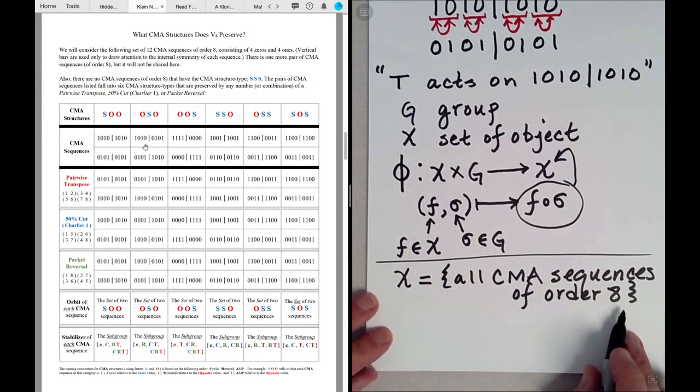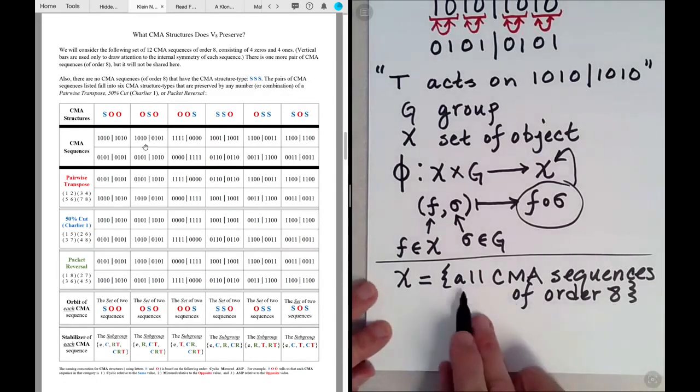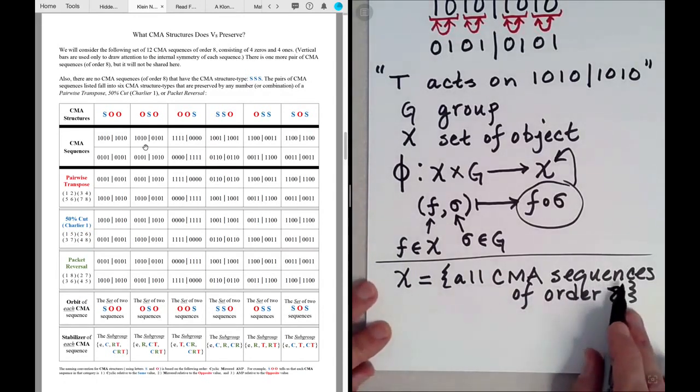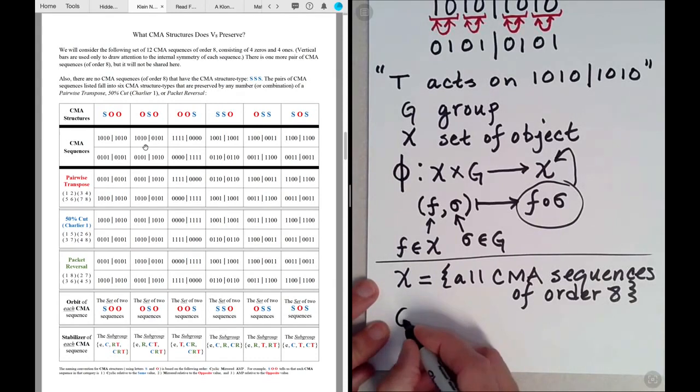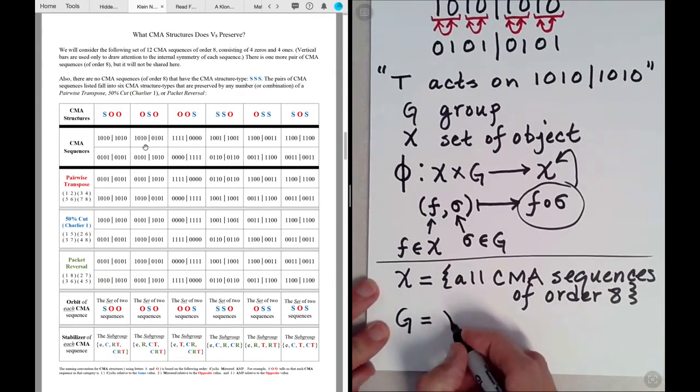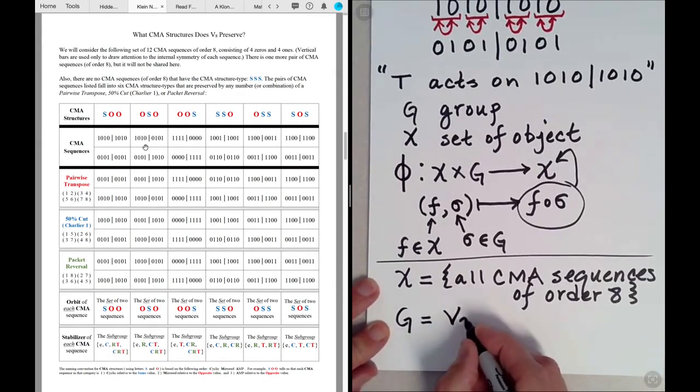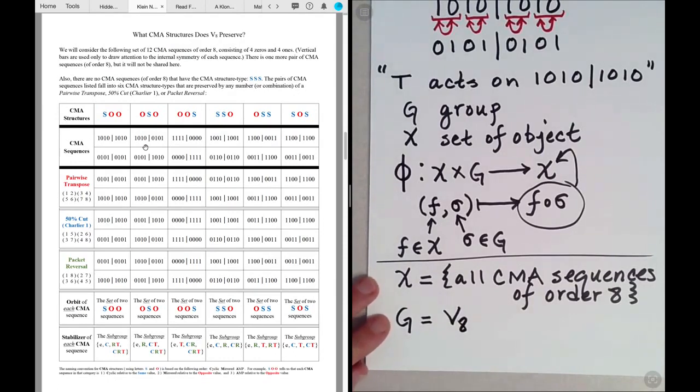We're going to remind you of how these sequences are functions themselves in just a minute. But just realize this is the set of CMA sequences of order 8, and each of those is actually a function. And then, of course, our group G is going to be the Klein 8 group, a group generated by our 3 shuffle permutations: a pairwise transpose, a 50% cut, and a packet reversal.